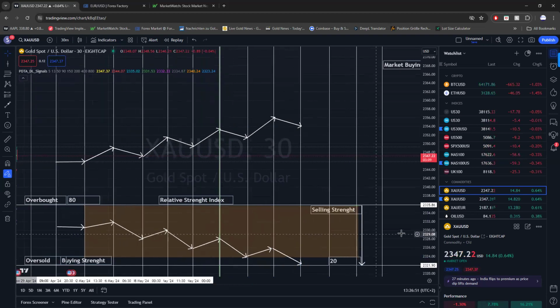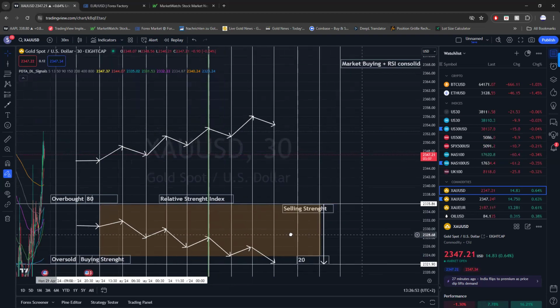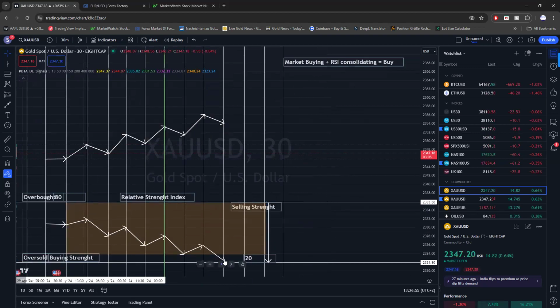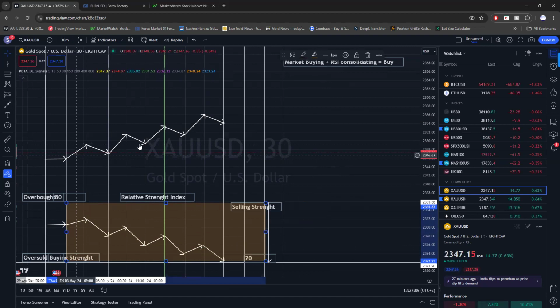That being said, when you look at this market, what do you see? You see that this market is oversold, right? Here, oversold. But that means we even have more buying capacity right now. So you see that when we have this market structure of market going up, the RSI is going down, there is somehow a tendency for this market to keep buying.